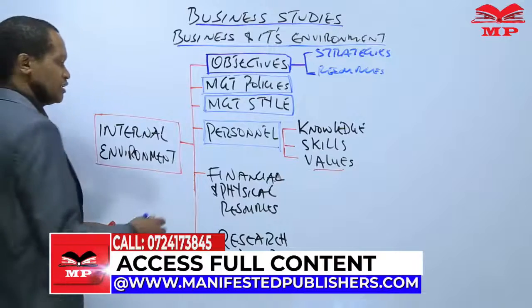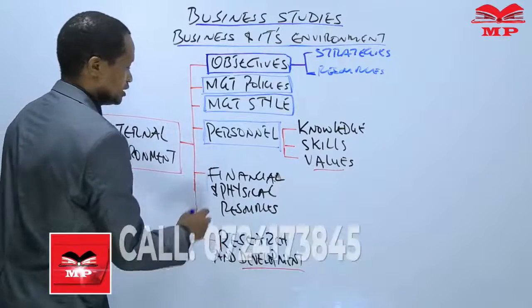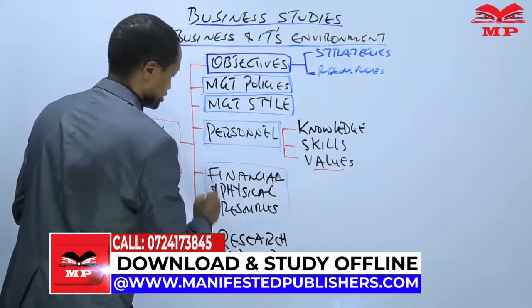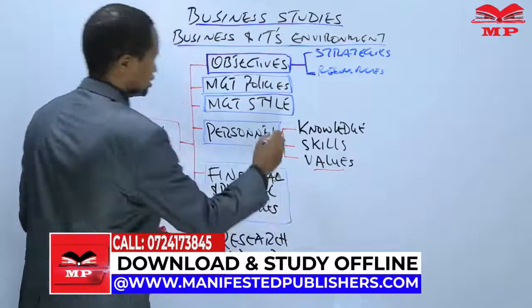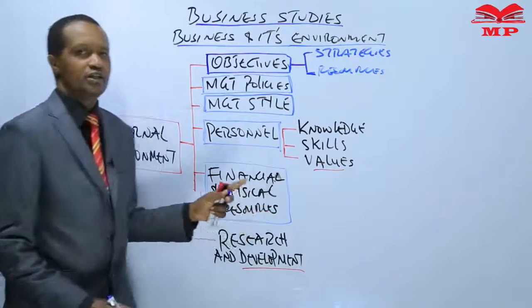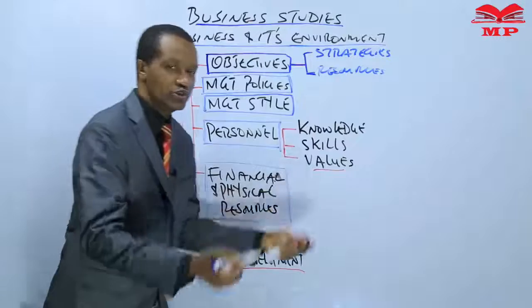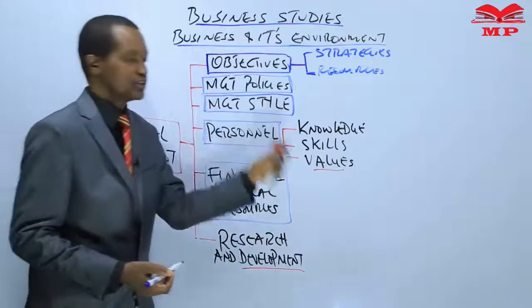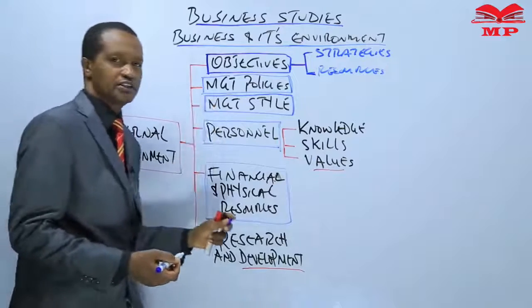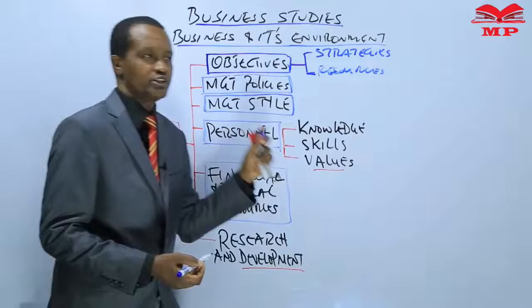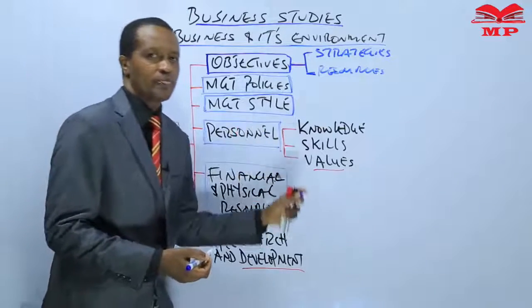Then there is financial resources and physical resources. For a business to provide goods or services, it requires resources such as finances and equipment or machinery and so on.